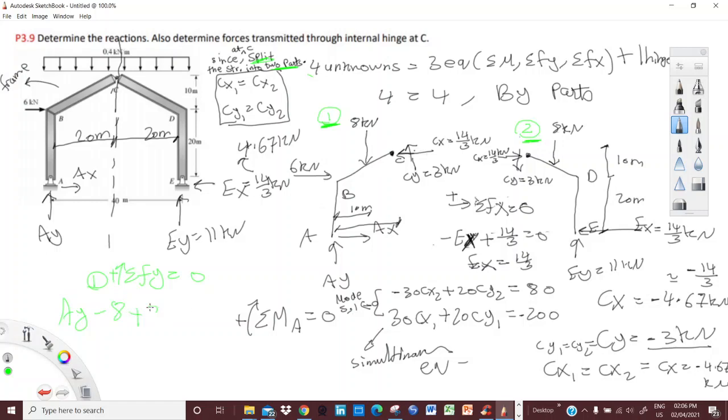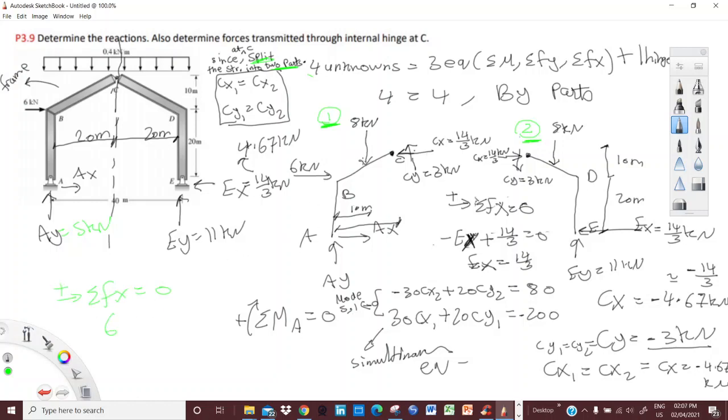Then you have upward force of 3 kilonewton. This was the result of negative 8 plus 3, which will result in Ay equal to 5 kilonewton. So Ay is equal to 5 kilonewton. And then you need to go with the summation of Fx equal to 0 positive.